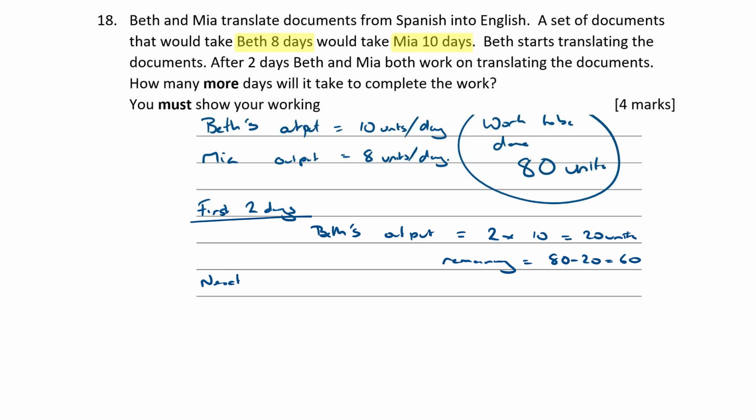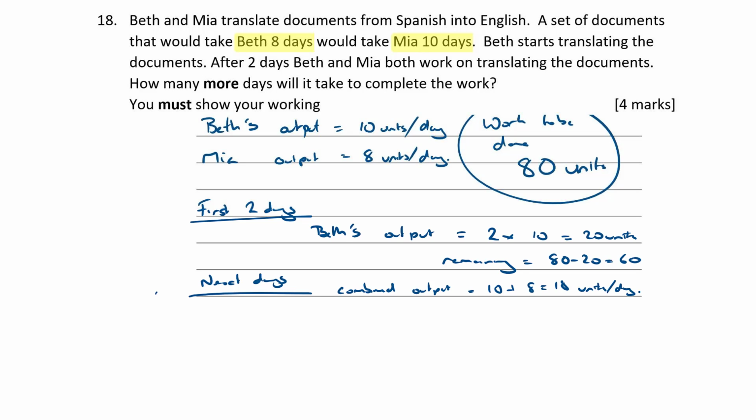Okay, so then the next set of days, you've got Beth and Mia working together. Now between them, they are able to produce 10 plus 8, 18 units of work a day. So combined output is going to be 10 plus 8, which is 18 units per day.